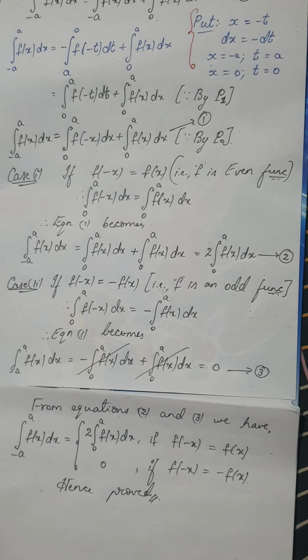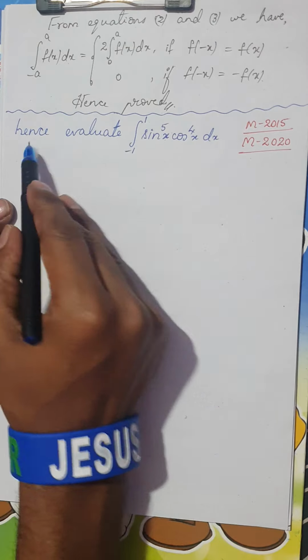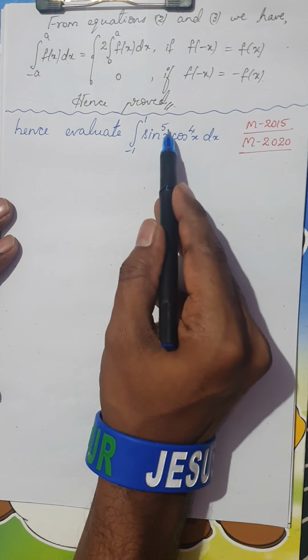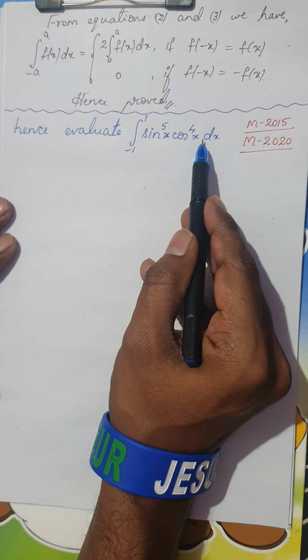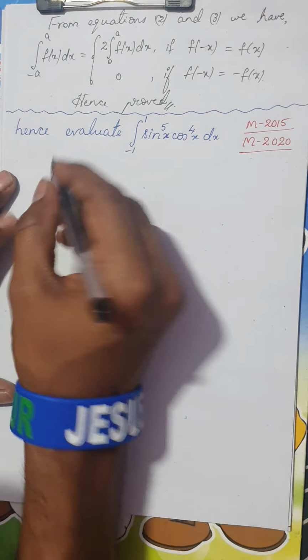The first question related to this proof of P7 goes as follows. Hence evaluate the integral from -1 to 1 of sin to the power 5 x into cos to the power 4 x dx. Let us solve this using the property.